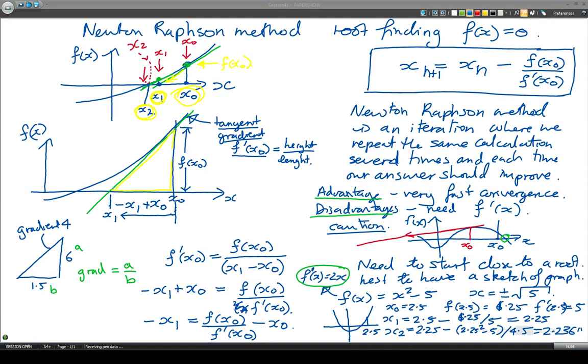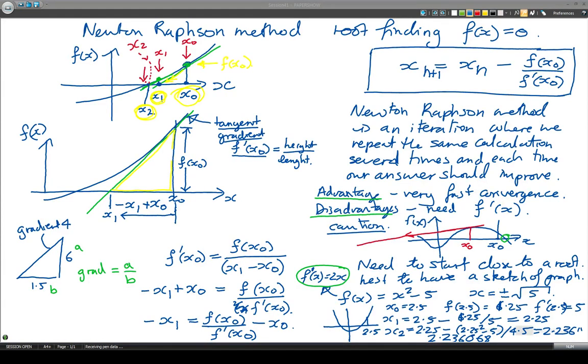Okay, so the next answer, which comes out, is 2.236068. So we have really got very, very close to the square root of 5 there.